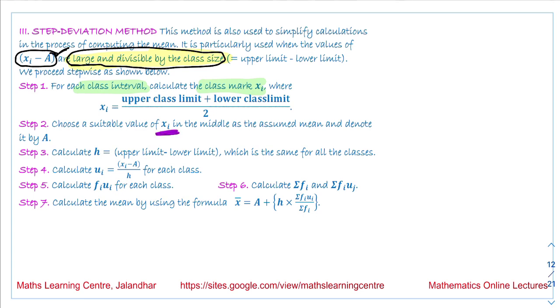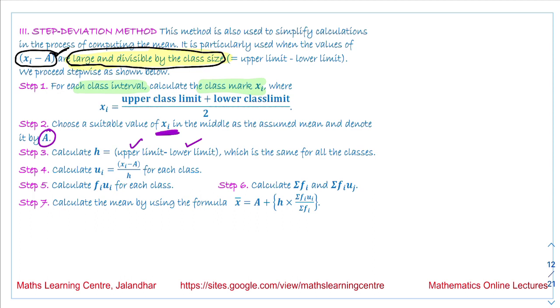We will assume the middle value of the xi as the assumed mean, and we denote it with capital A, and we calculate h equal to upper limit minus lower limit, which is the same for all the classes. For each of these classes we calculate the value of h, that is upper limit minus lower limit.